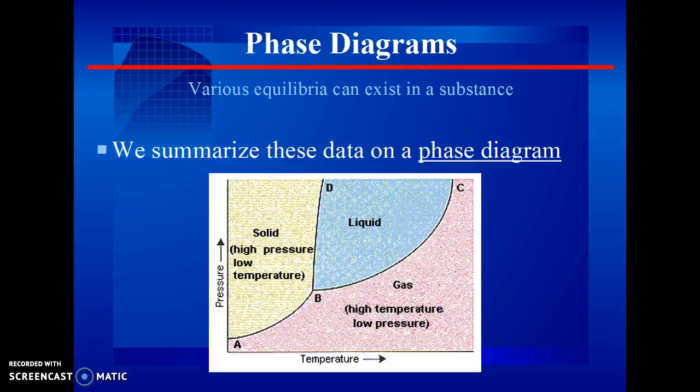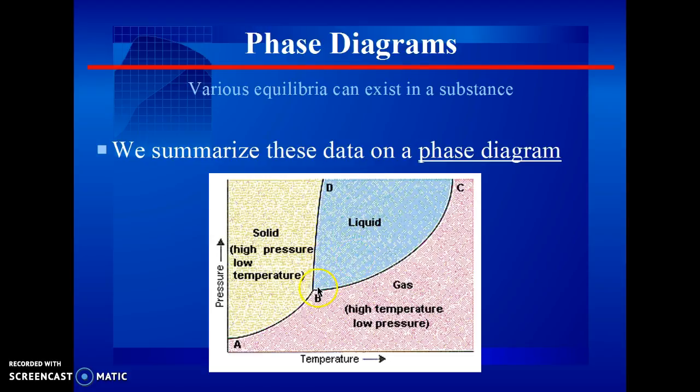The phase diagram shows the behavior of the substance as a function of temperature here on the horizontal axis and pressure on the vertical axis. And all of the phase diagrams have the same general look. Solid appears above a certain pressure.